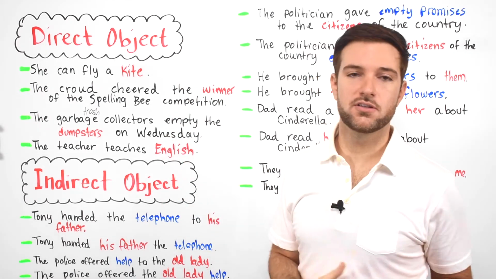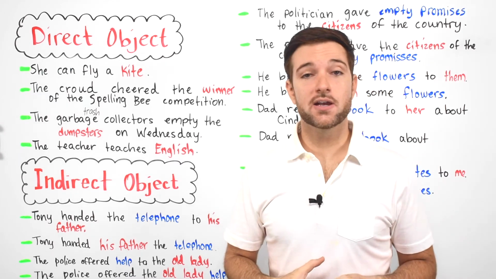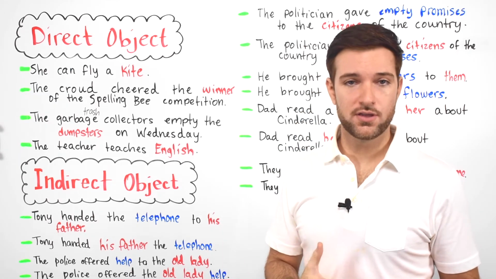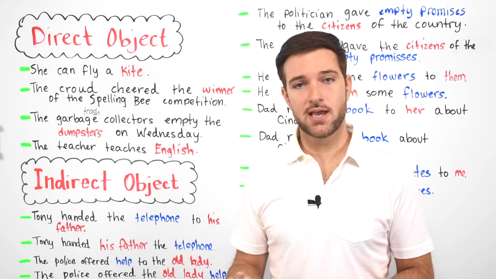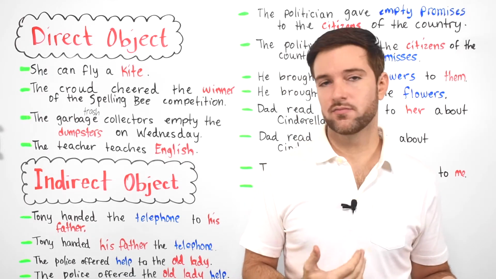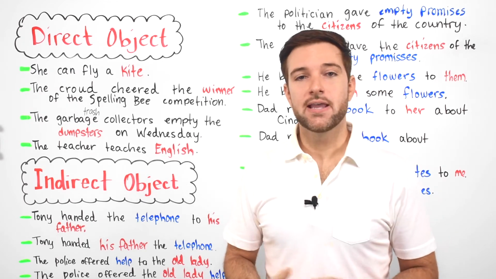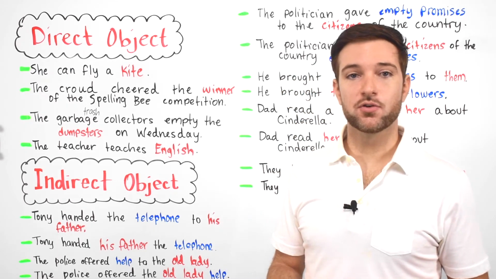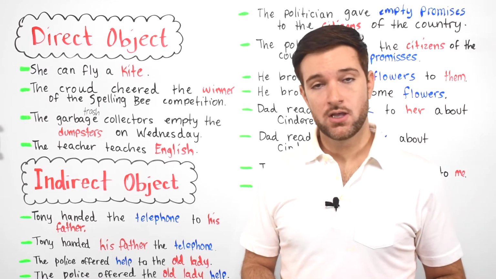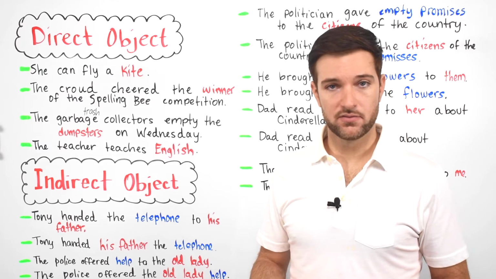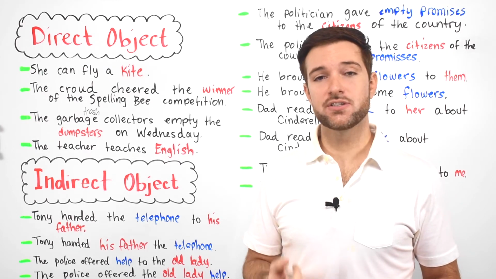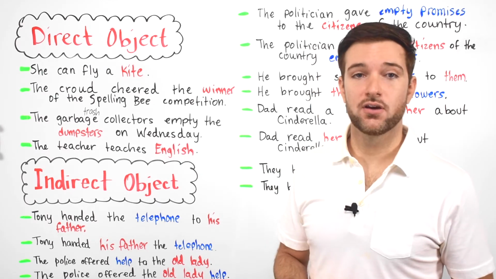Indirect objects are usually a person or a thing, and they answer the question of to whom did something happen to, or for what, like for what reason. Now, an indirect object can take the form of a noun or a pronoun, and unlike a direct object where it's acted upon by a verb, the indirect object receives the direct object.